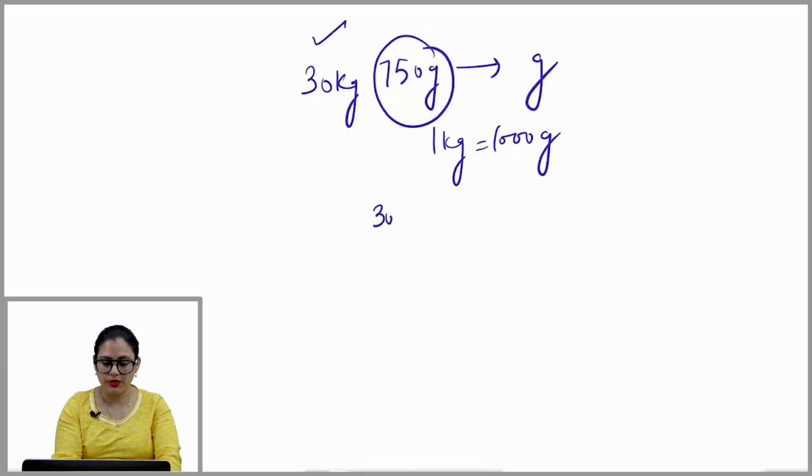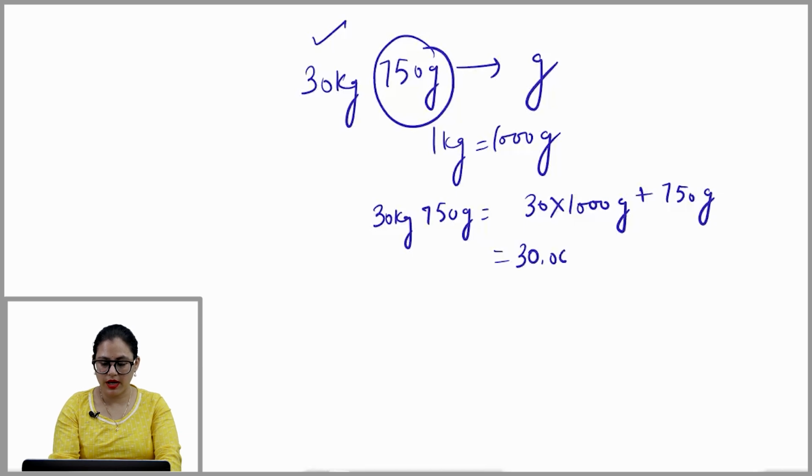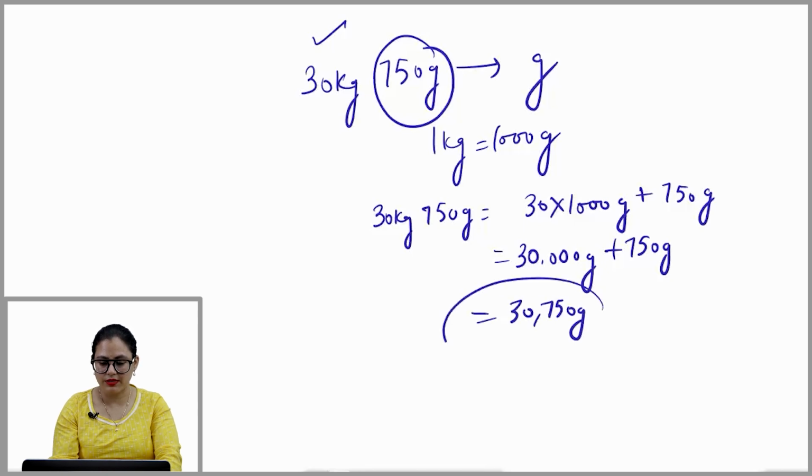So 30 kilogram, 750 gram is equal to 30 into 1000 gram plus 750 gram. So 30,000 gram plus 750 gram. Now let's add. 30,750 gram is the answer.